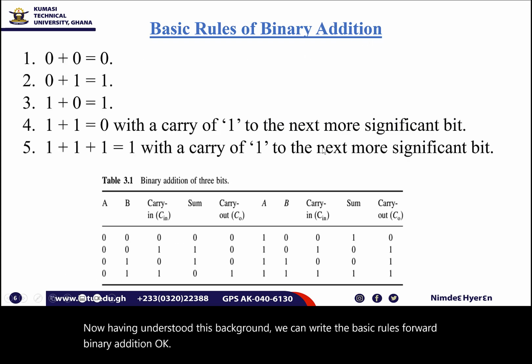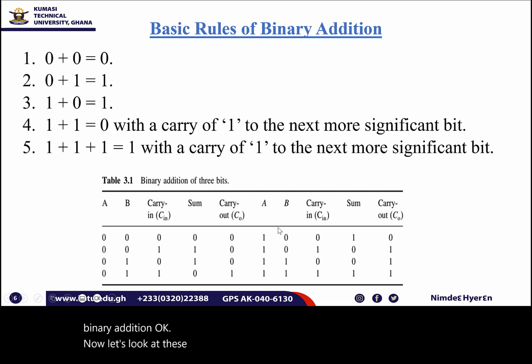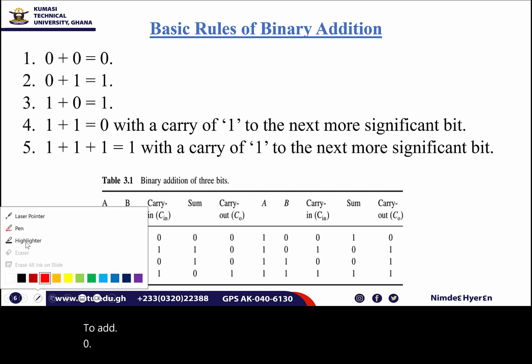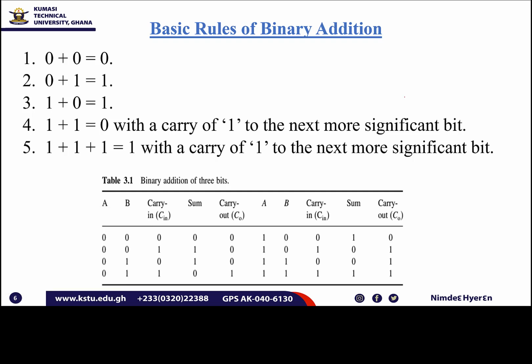Now, let's look at these basic rules for binary addition. If we have to add 0 plus 0 in binary, this will give us 0.